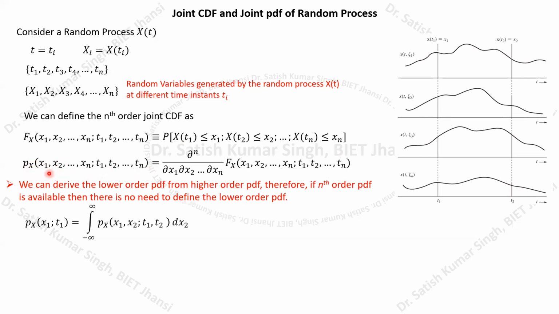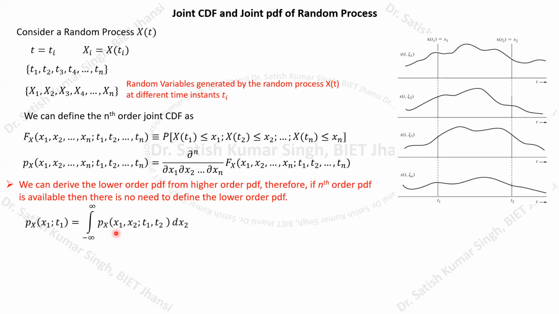Because we are doing the measurement for n different time instants, t1, t2 up to tn, we have the nth order PDF, and at that point we are defining these particular probabilities. Here, because we have done the measurement only for time instants t1 and t2, it represents the second order joint PDF.